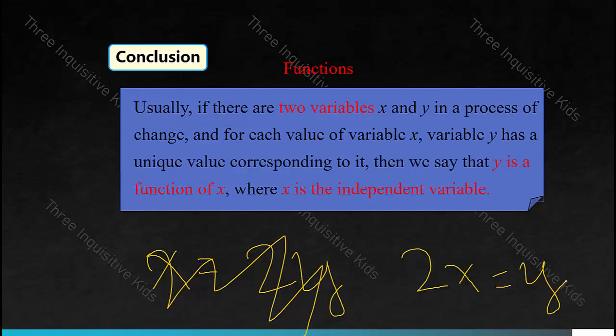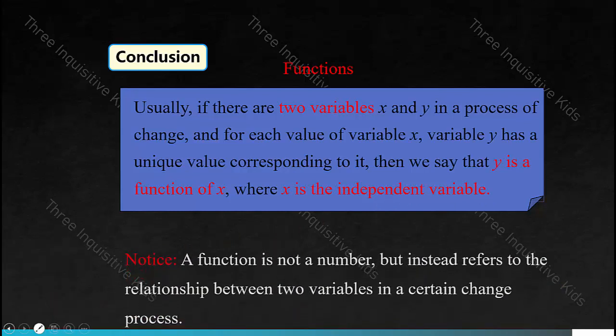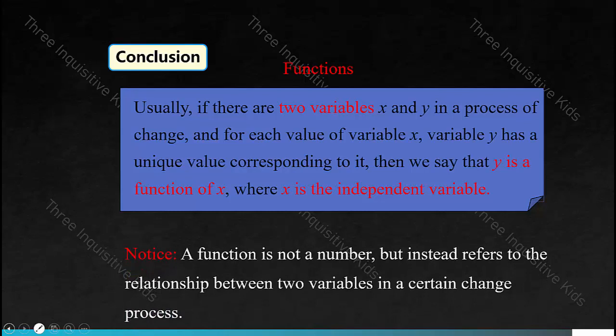Y is the dependent variable because it is based off of whatever x is. It depends on x. So that's kind of the gist of what independent variable and dependent variable mean. Notice, a function is not a number, but instead refers to the relationship between two variables in a certain change process.